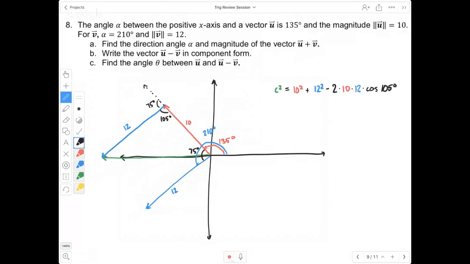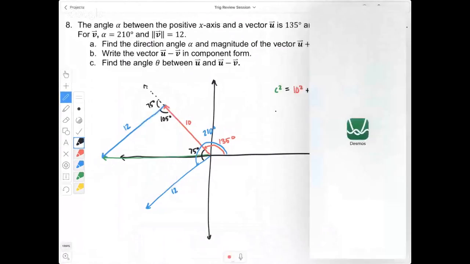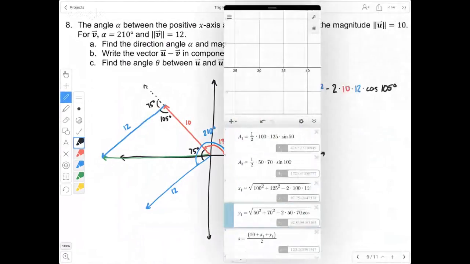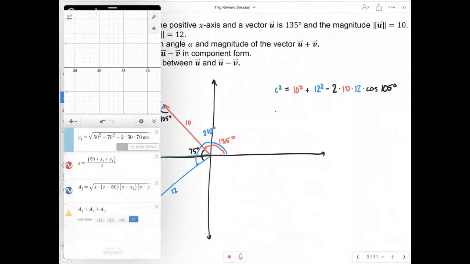Let's see, I think I'm just going to use a calculator. This is all from earlier problems. Get rid of all that mess.